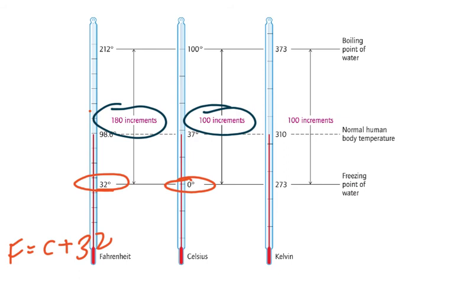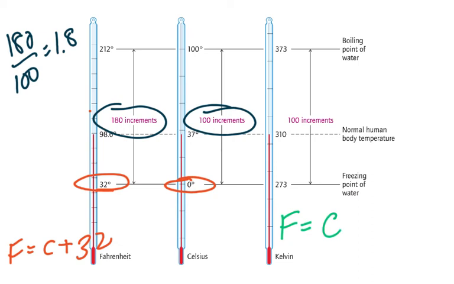And you've gone 180 over 100, which is equal to 1.8. And so however many steps you take in Celsius, you have to multiply by 1.8 to get the steps in Fahrenheit. So we can combine these ideas, and we get that Fahrenheit is equal to whatever degrees Celsius times 1.8 plus 32.